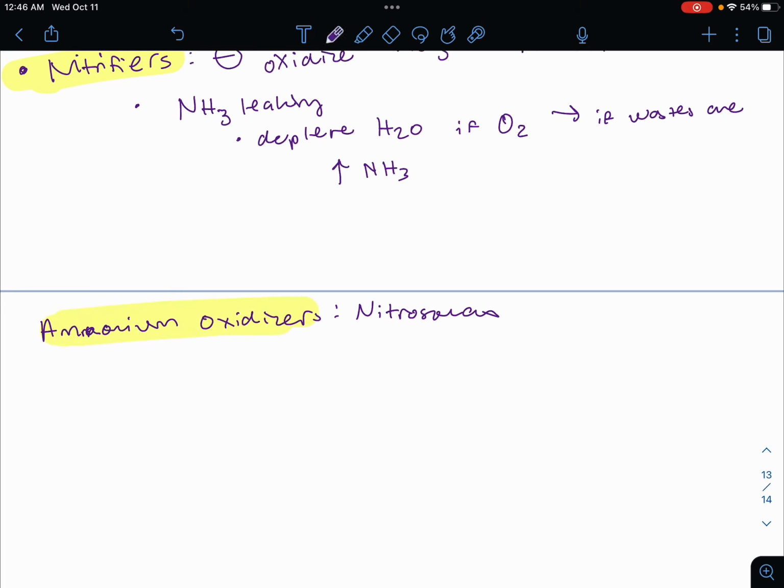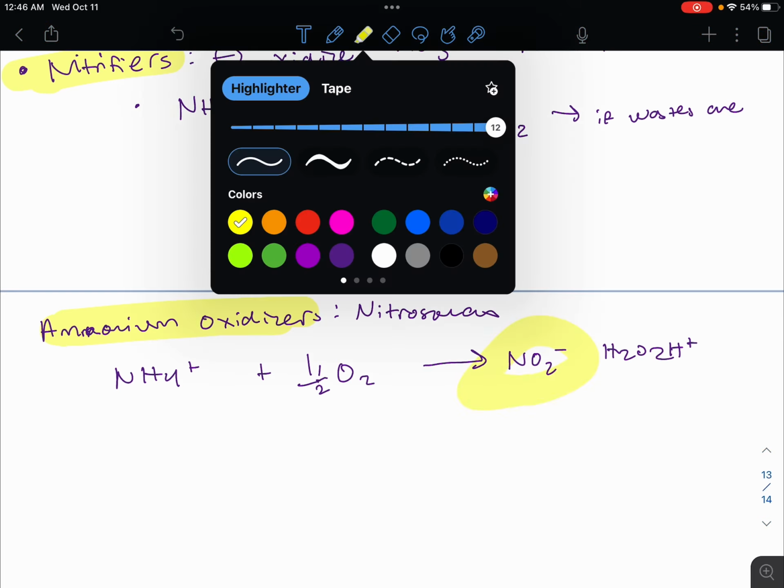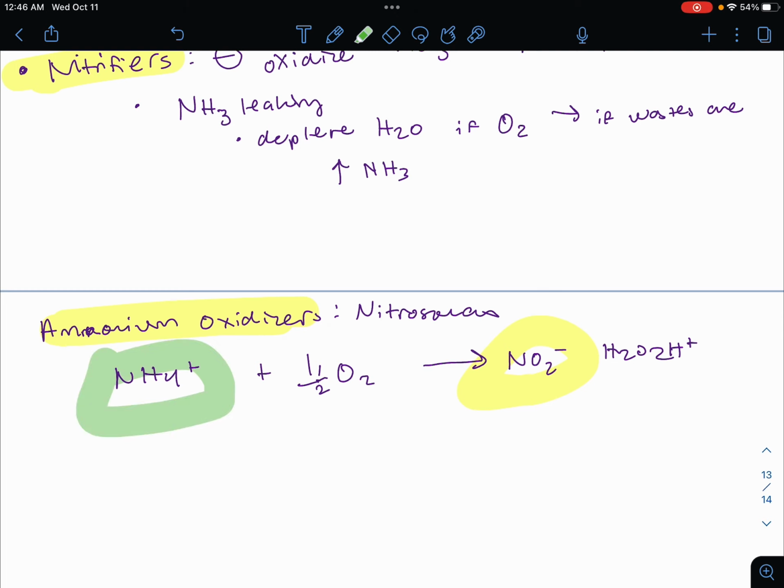This is a type of nitrifier, so their equation will be NH4 plus, that's ammonium, plus 1 and 1/2 O2. This is going to make NO2 minus, H2O and 2 hydrogen plus. The most important thing here is to keep that in your back pocket. So again, terminal electron acceptor is O2, energy source is ammonium.